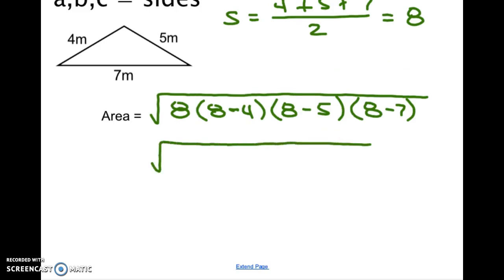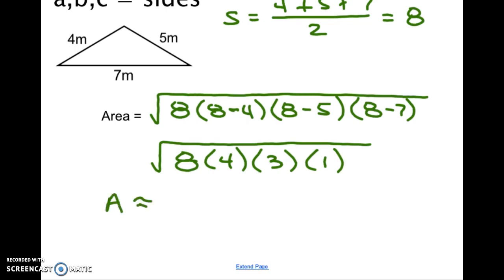Up to you whether you want to put that in directly, or actually do the subtractions. So we got 4, 3, and 1. Either way, we plug this in on the calculator, take the square root, and in this case, the area is calculated to be approximately 9.798 meters squared.